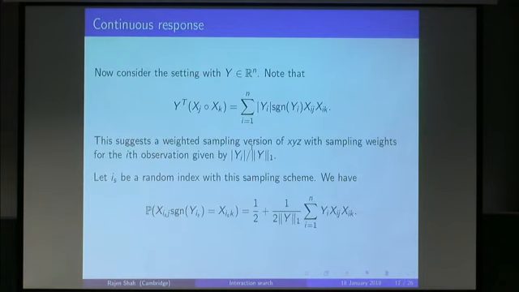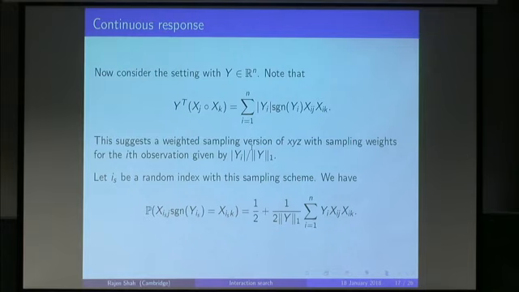Okay, so thus far we've really been thinking about this very simple setting, binary x, binary y, and we're trying to find these large dot products. So let's take one step in the direction towards regression, to try to increase the complexity. Let's consider the setting where our response is continuous.